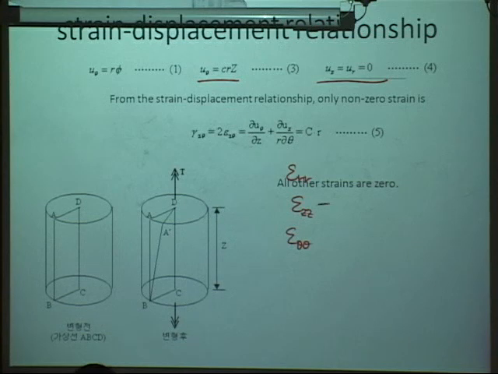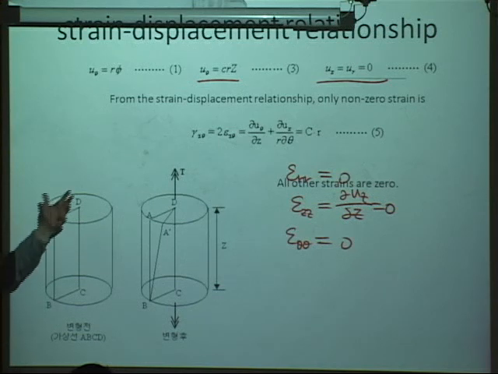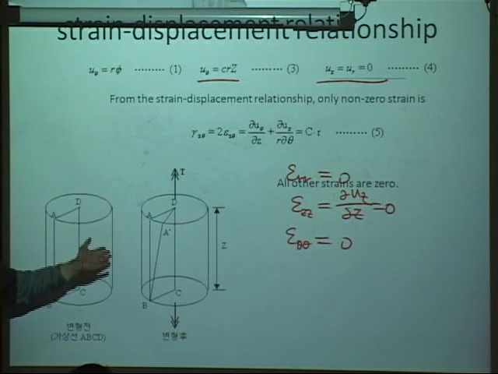And zz is simply uz, derivative with respect to z. And what is uz? 0, right? And theta, with respect to theta, there is no theta there, right? So it will be 0. And rr, ur is 0, right? So simply all normal strain, diagonal terms are 0.